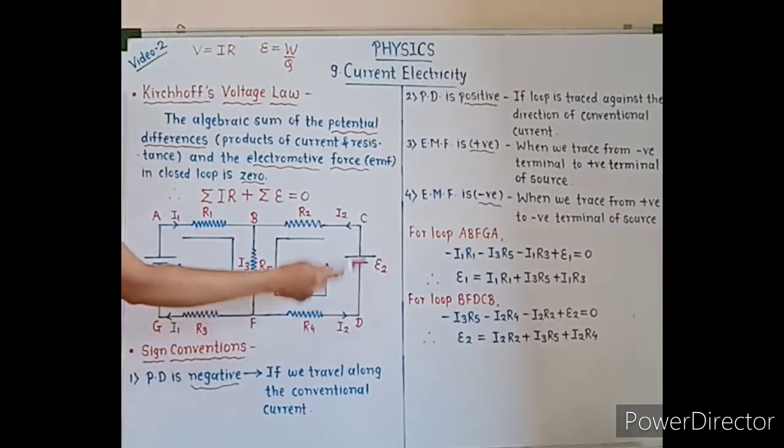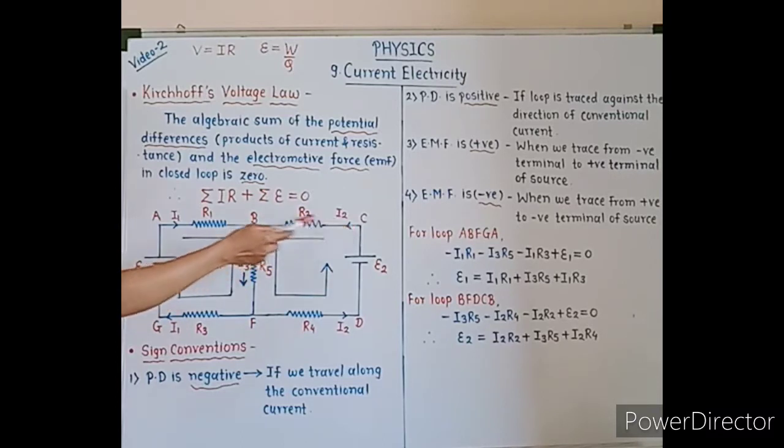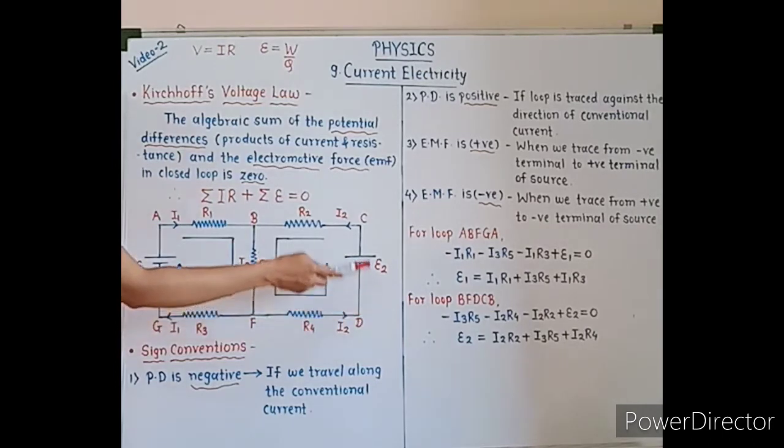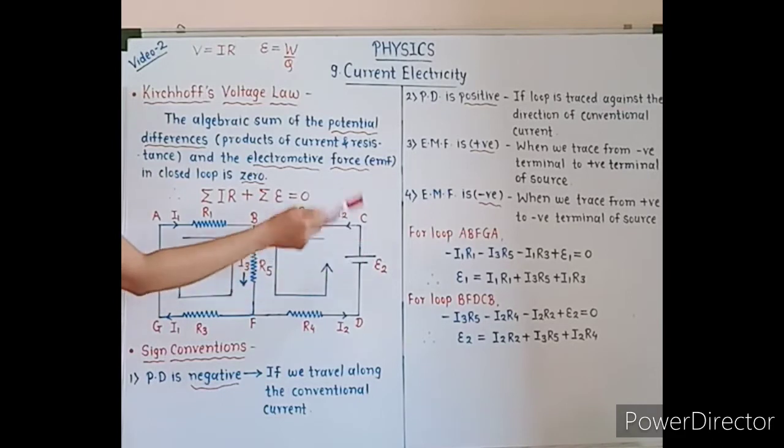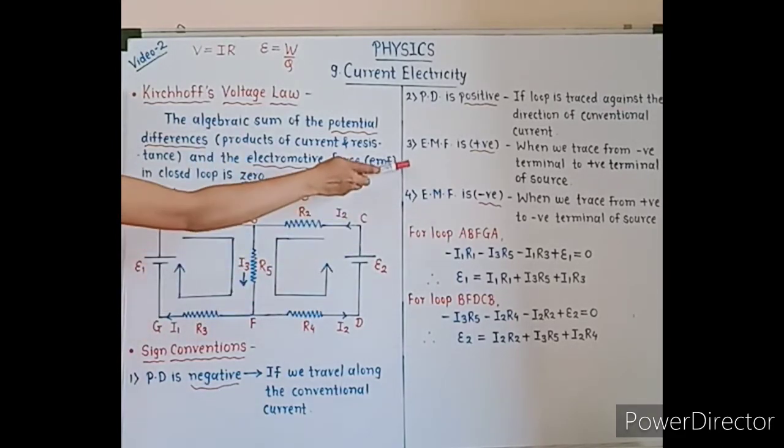And now we are tracing from C to B, and the direction of conventional current is also C to B, so we get minus I2 R2. And the last term is the EMF of the source. Now we are tracing the loop from D to C, that means from negative terminal to positive terminal, so the EMF of the source is positive.